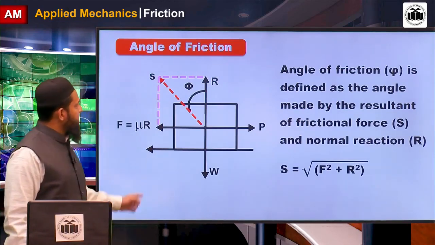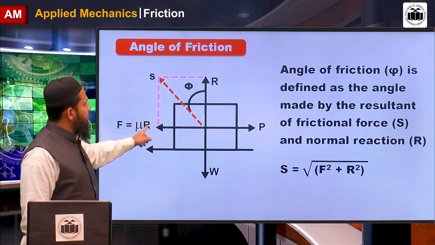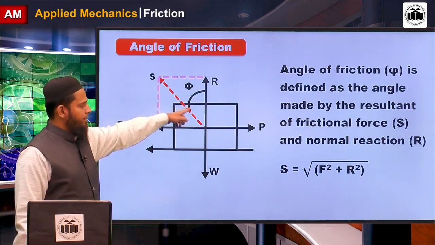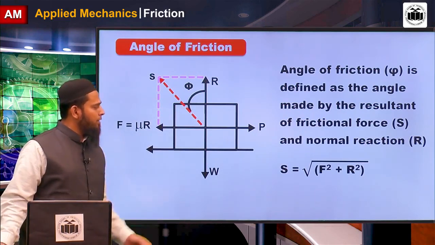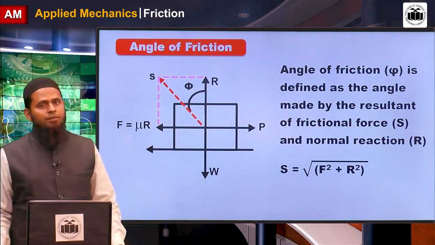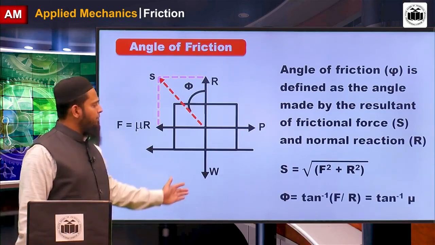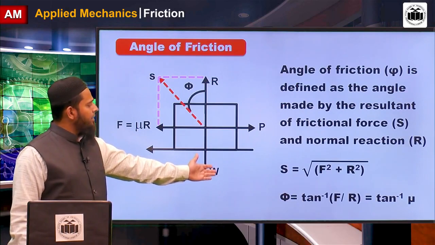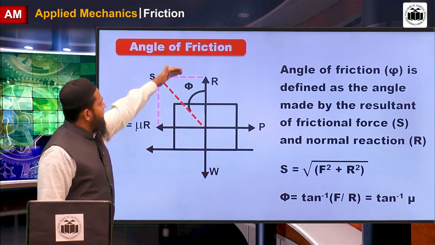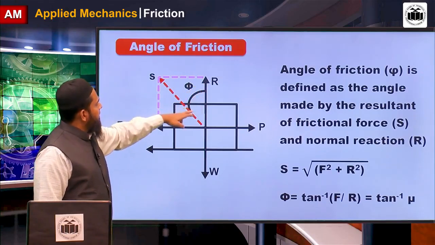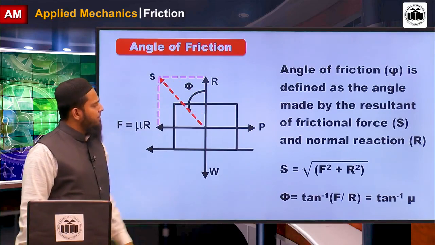Before that, how to calculate S? S is the resultant of frictional force and normal reaction. Now S is equal to square root of F square plus R square. It is nothing but the Pythagoras theorem. And angle of friction is calculated by tan inverse F by R. This is F and this is R. Tan inverse means front side upon adjacent side.